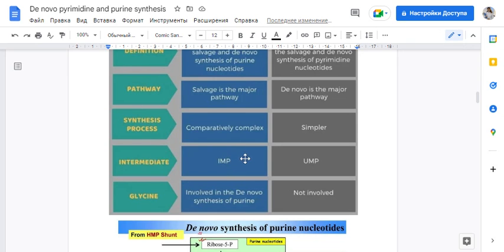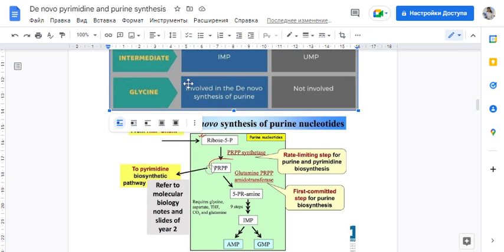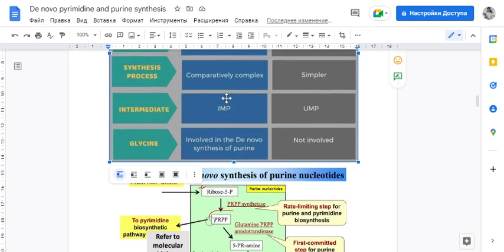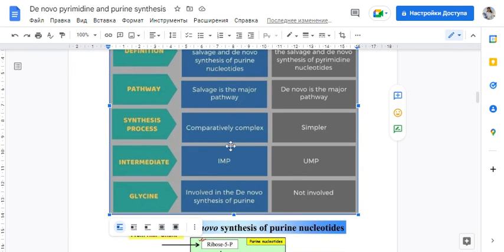From IMP, purines will be formed, and from UMP, pyrimidines will be formed. Glycine, as was said, is used to form purines, and it is not used to form pyrimidines because pyrimidines use only aspartate. For purine synthesis, we have the GAG mnemonic: glycine, aspartate, and glutamine.